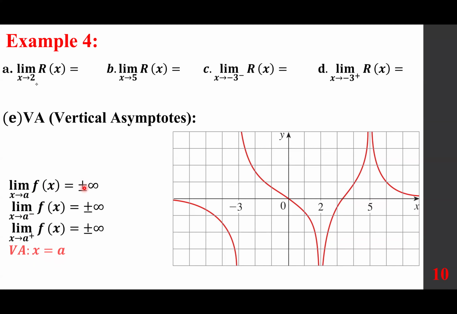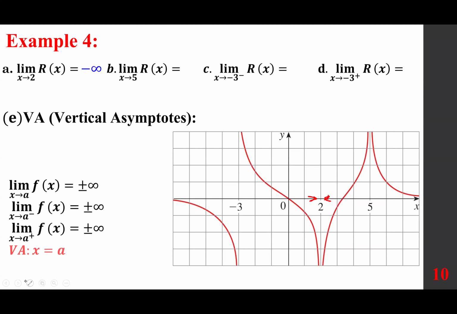So we want to look at number 2. And notice from the left of number 2 or from the right of number 2, either way it's going down towards negative infinity.